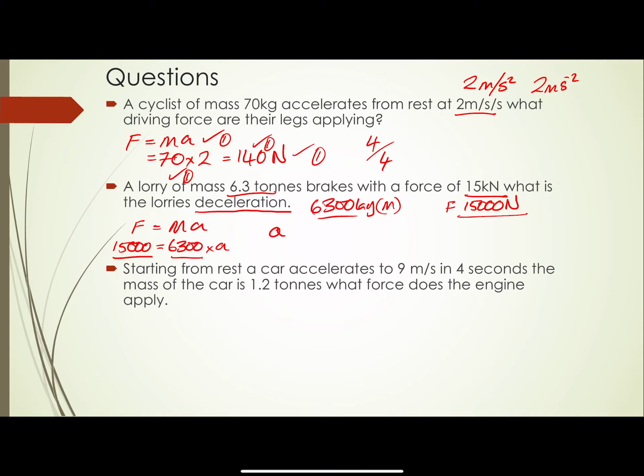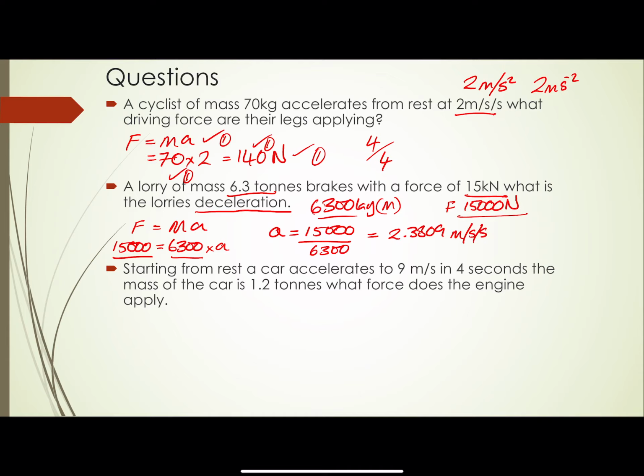Now we rearrange it, so we get a equals 15,000 divided by 6,300. And the answer to that would be 2.3809 meters per second squared.